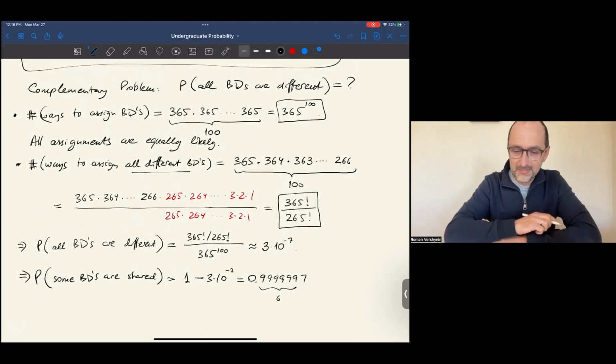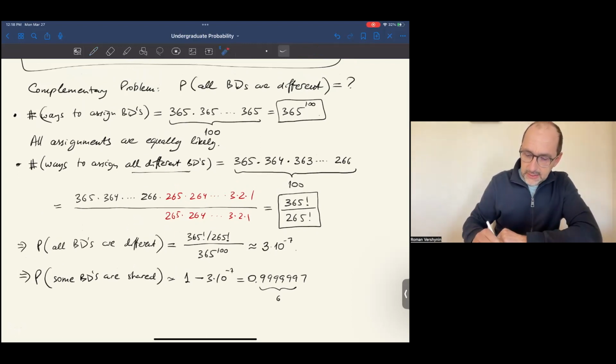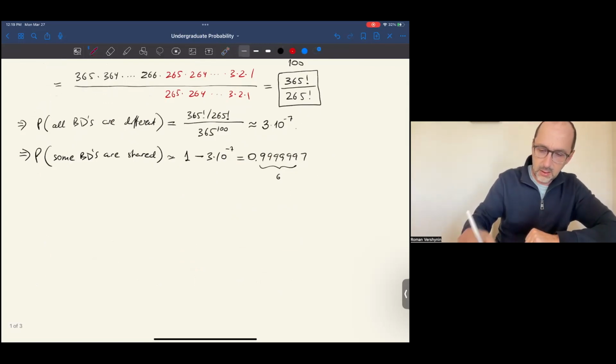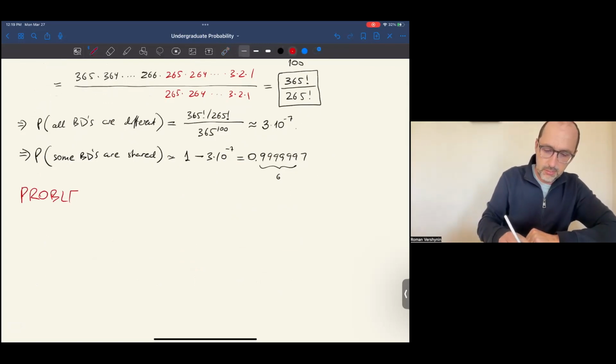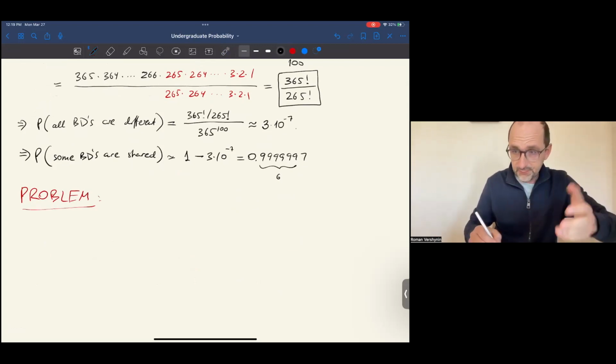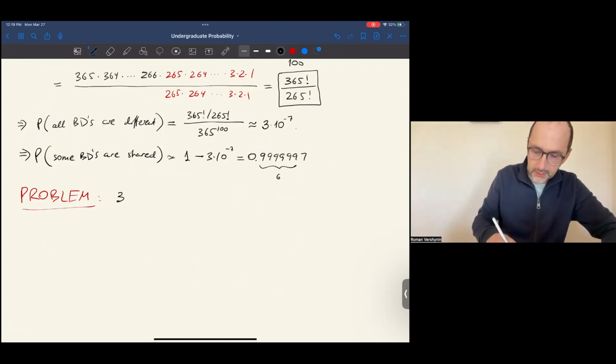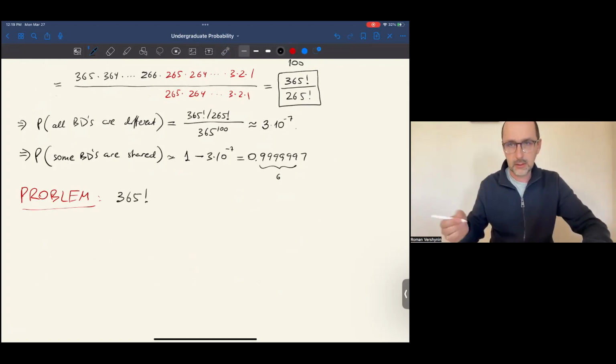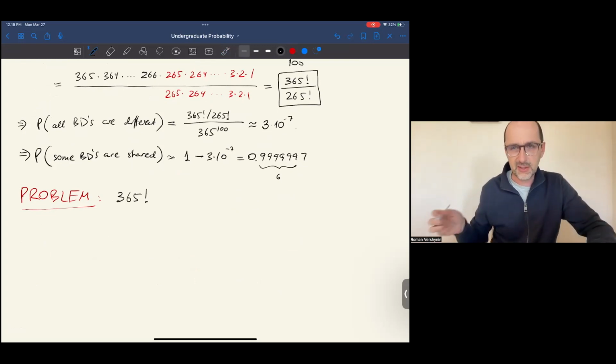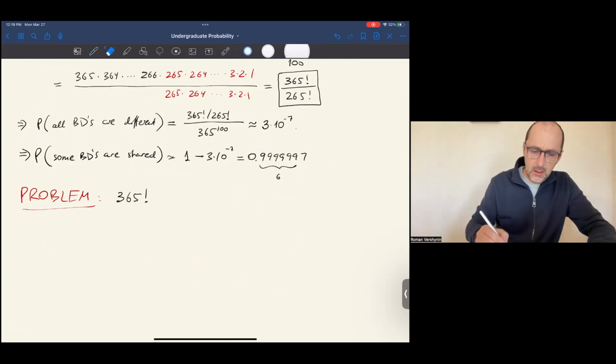But there is a catch. And the catch is here. It actually is difficult to put that in the calculator. If you put this in the computer, just like that, the computer will complain. The computer won't like that. The big problem here is that if you put 365 factorial in a computer, either a scientific calculator or MATLAB, it says it's infinity.